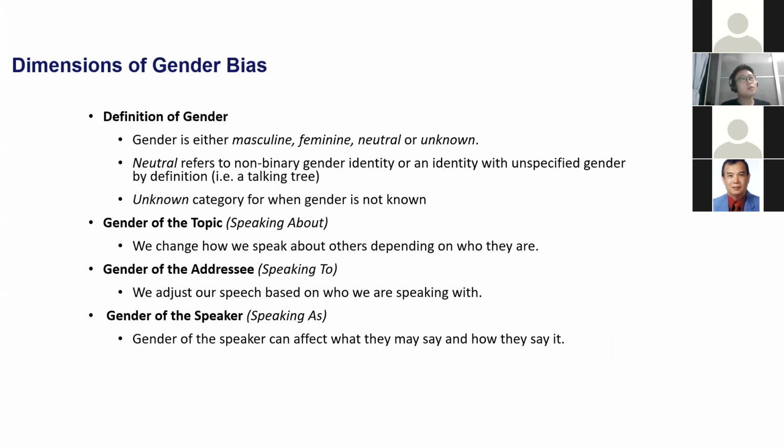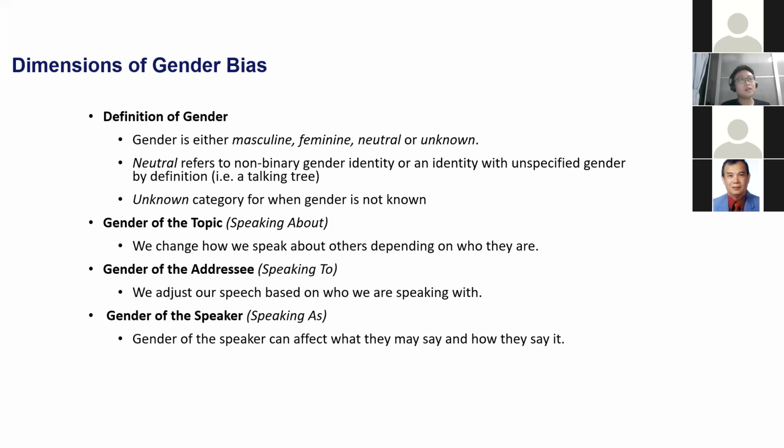Okay, so the authors define gender as masculine, feminine, neutral, or unknown. I think they want to introduce a neutral category because they find it insufficient to use a binary gender classification for their purposes.